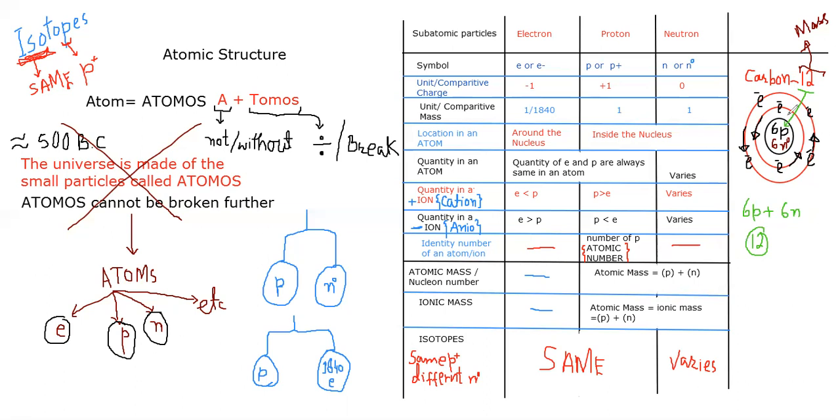But what are these? How many electrons are there? 1, 2, 3, 4, 5, and this one is a 6. So there are 6 electrons. And how many protons are there? There are also 6 protons.